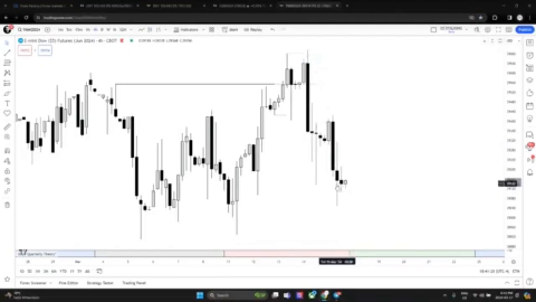And then look at this move. If you could find that one setup per week, every week. Okay, let's not say every week, every other week. You can find that perfect setup, and it's not hard to spot.